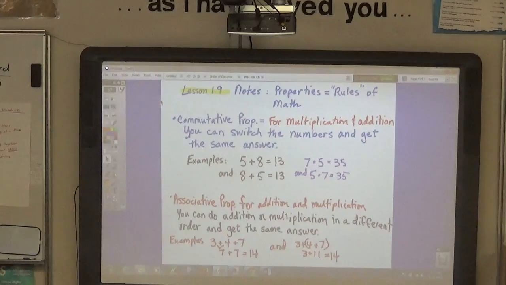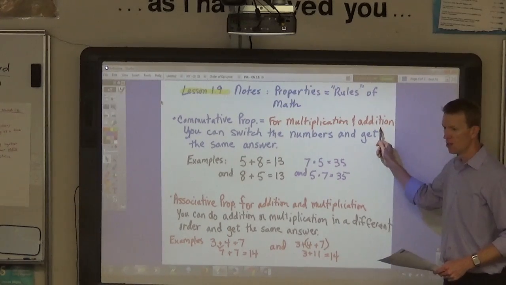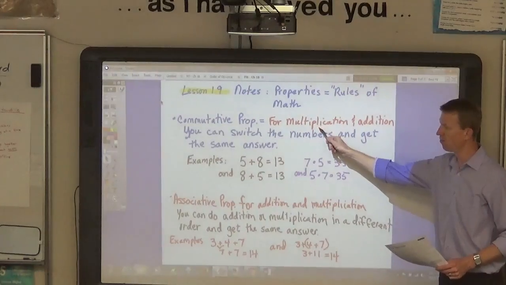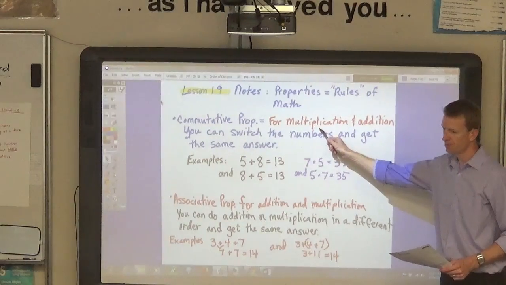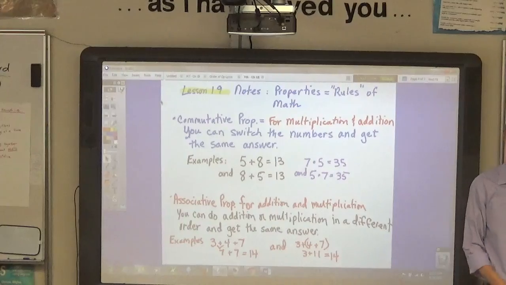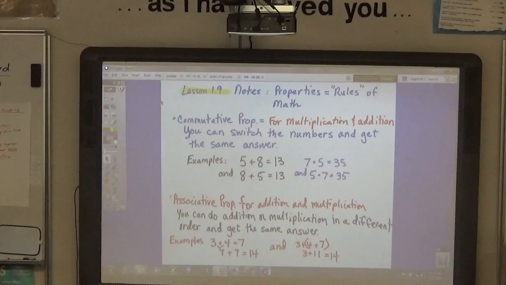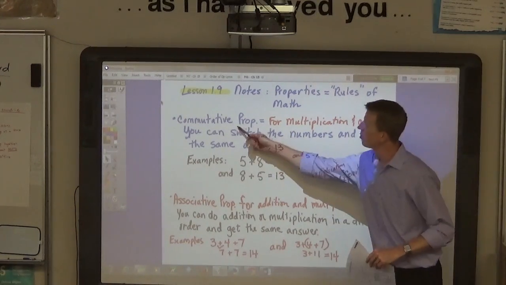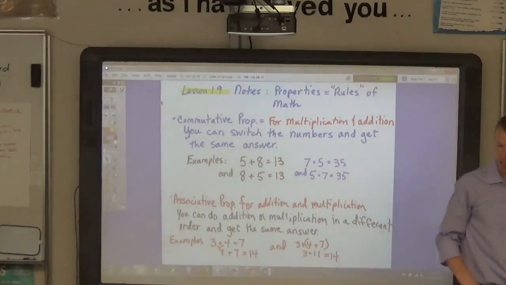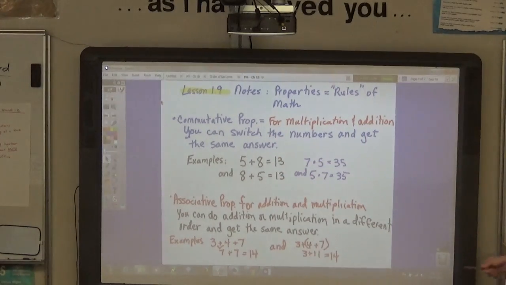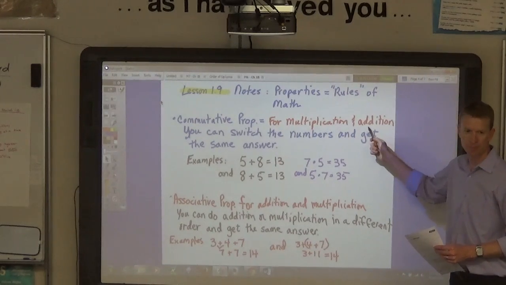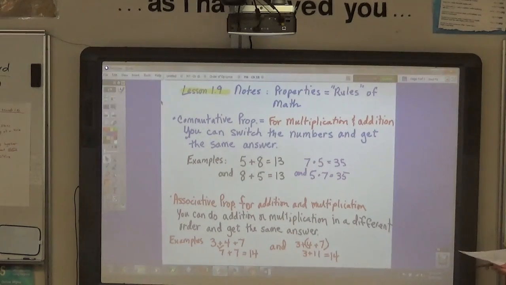Write commutative on the line. Yep. Is this commutative property of addition or commutative property of multiplication? Addition. Yes. Commutative property of addition. So write commutative property or commutative prop. You can shorten that with a period. Of addition. And here's the word addition. Okay?